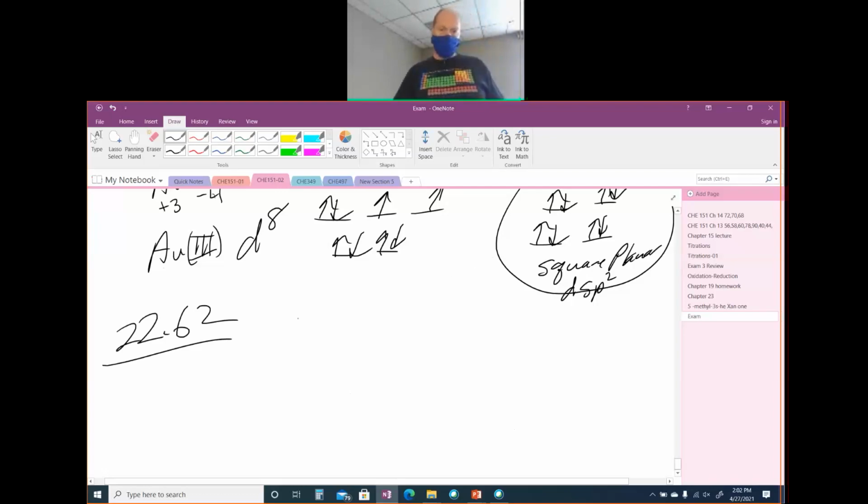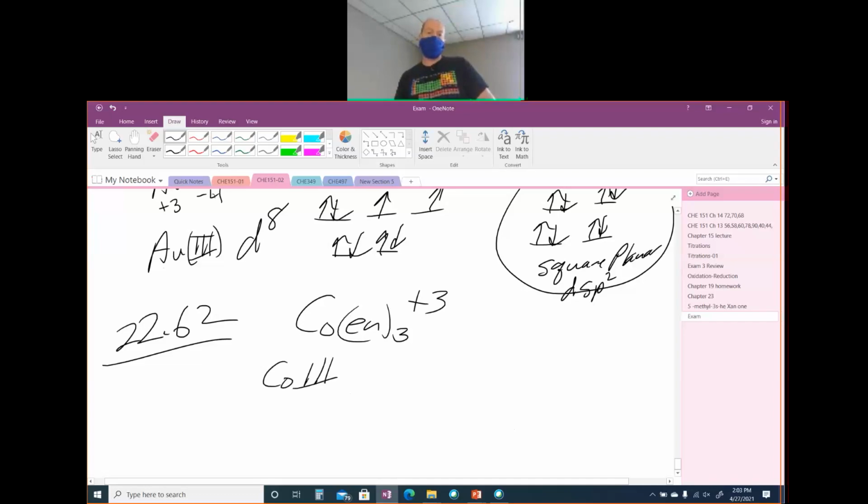Co(en)3 plus 3. All right, so here ethylene diamine has no charge, so you've got your cobalt 3. You find cobalt on the periodic table. The number on top of the cobalt is 9. Cobalt 3 is D6. For each ethylene diamine, you get 4 electrons and no charge.